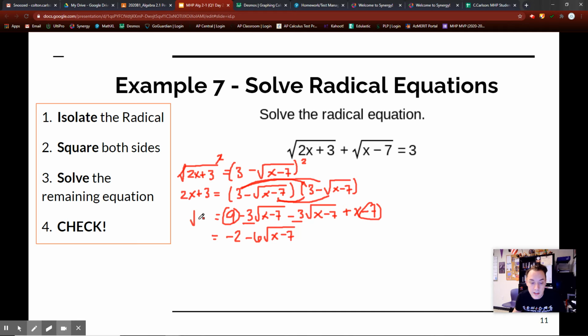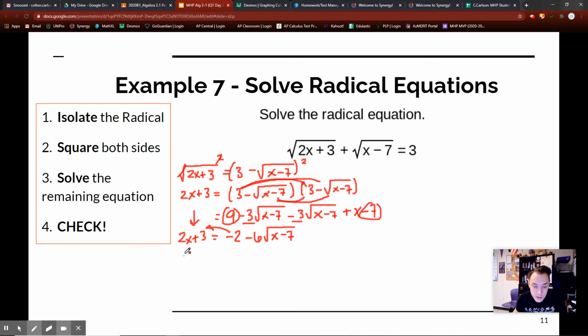Okay? Now this all gets transferred down, so let's start combining this stuff. There's a couple ways you can do this. So let's try to solve it this way. I'm going to add the 2 over.